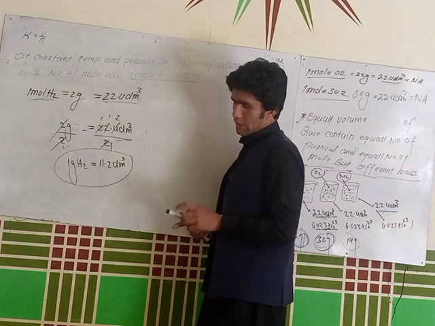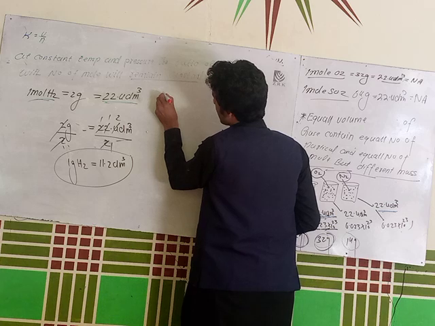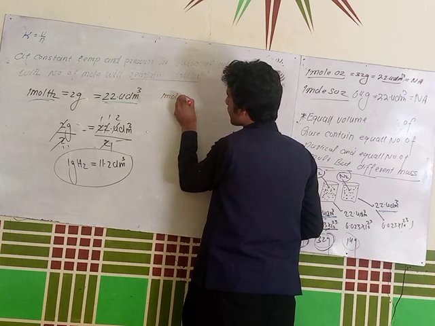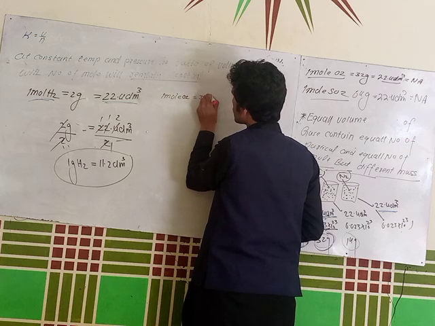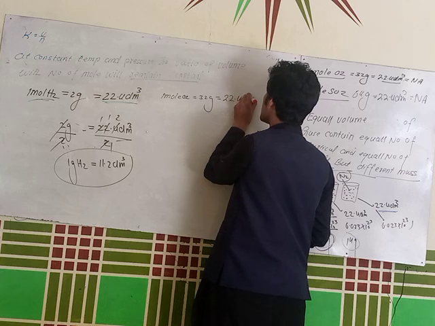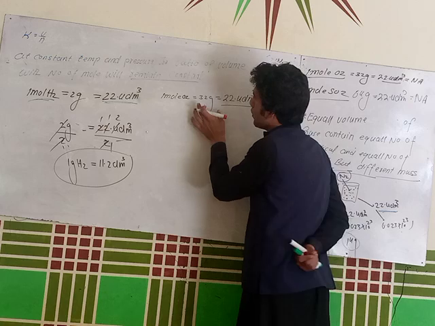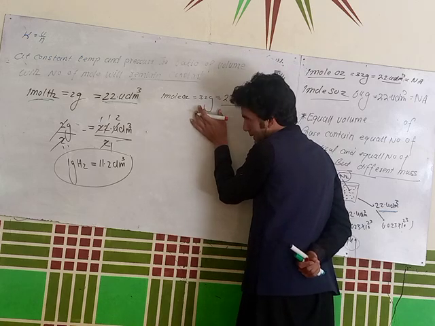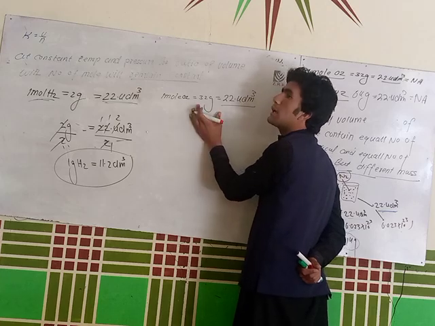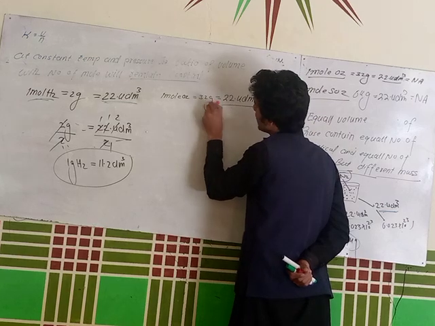Look at it. If someone asks you, we know that when we take 1 mole of oxygen gas, it is equal to 32 grams and it will occupy 22.4 decimeter cube volume. If someone asks you, for 1 gram of oxygen, what will be the volume? You can easily calculate.